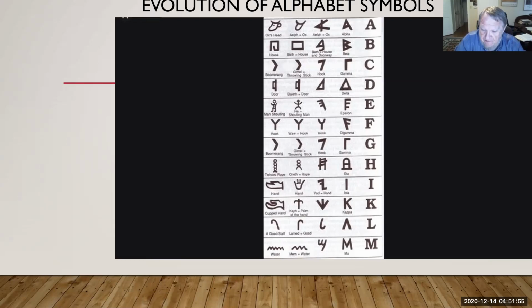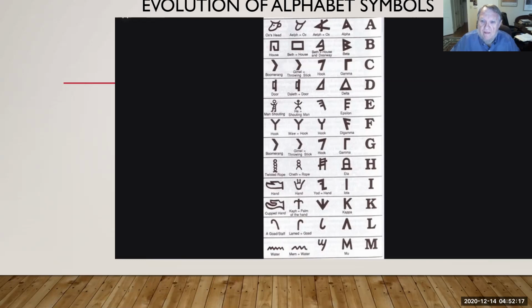Over time, languages changed, and so did the symbols. But the Greek alphabet, which fit Greek fine, over time didn't fit very well. And I said, well, why is that?